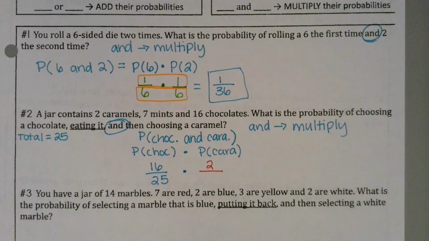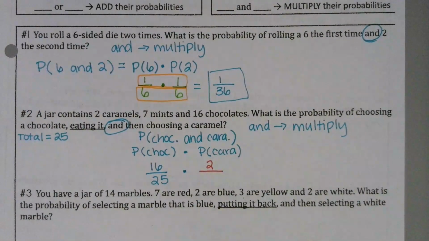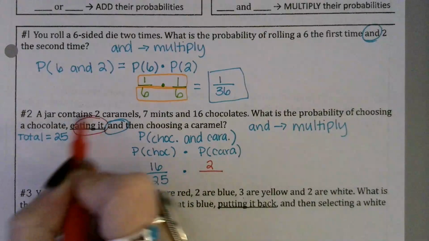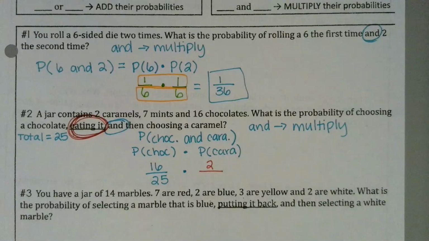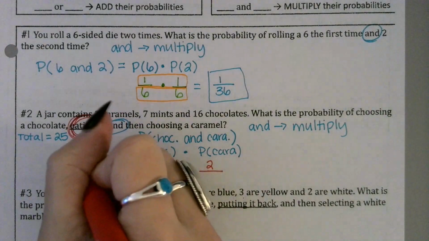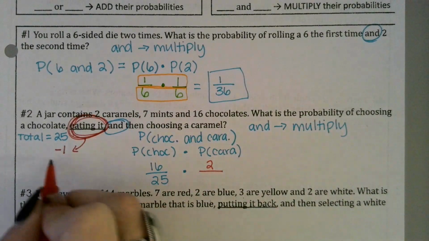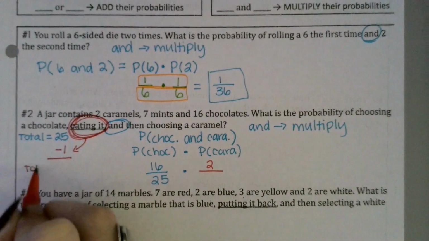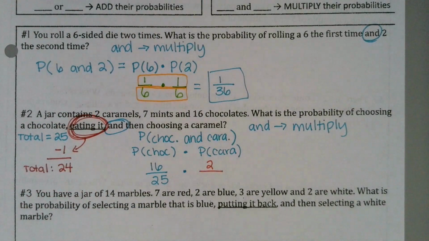When I make the second selection, how many candies are in the jar? How did you know that? You see where it says that he ate the chocolate, or we, whoever, ate the chocolate. That means that there is one candy taken away from the total, meaning that the second time around, my total is now 24.